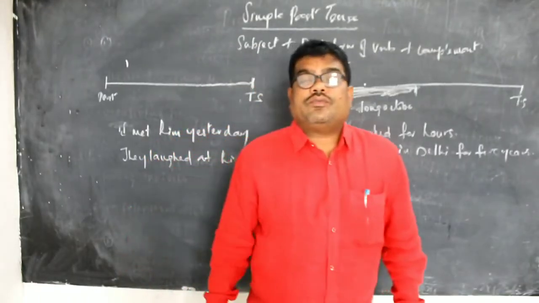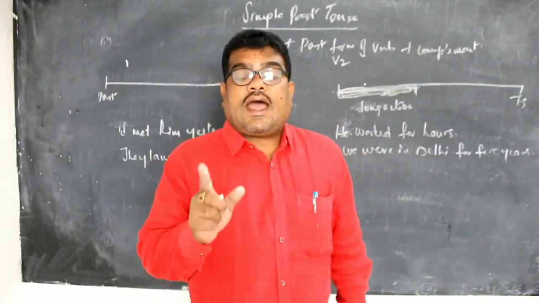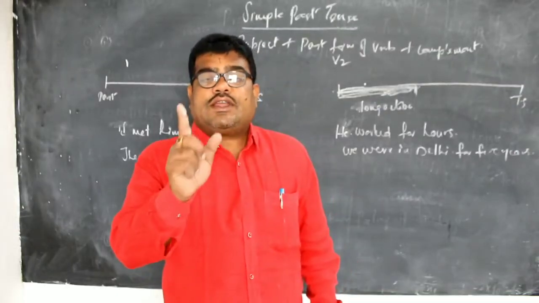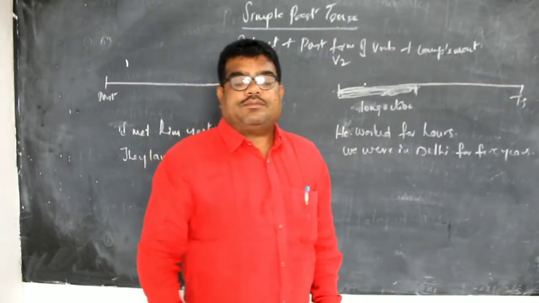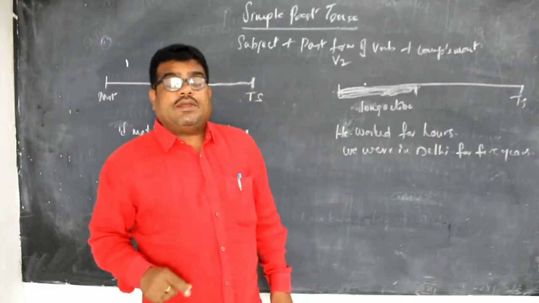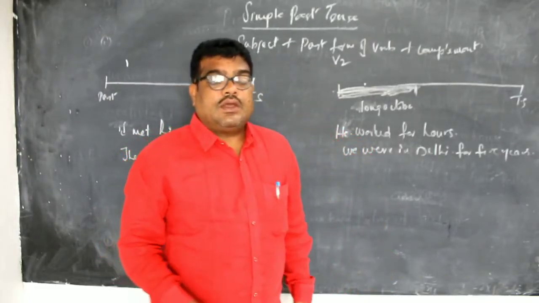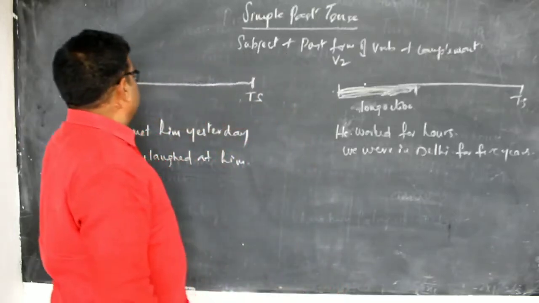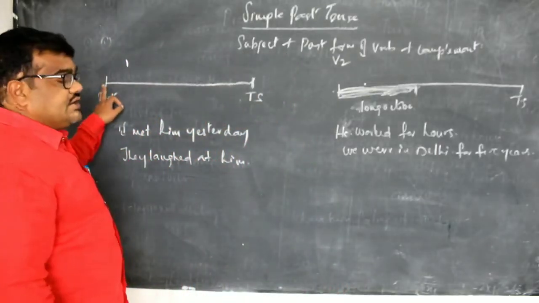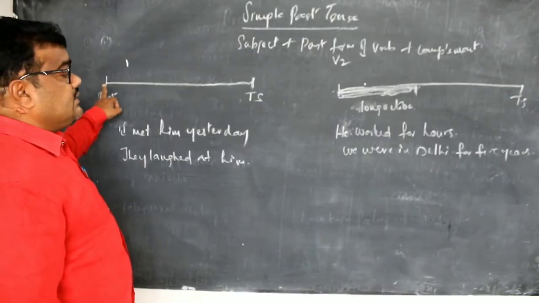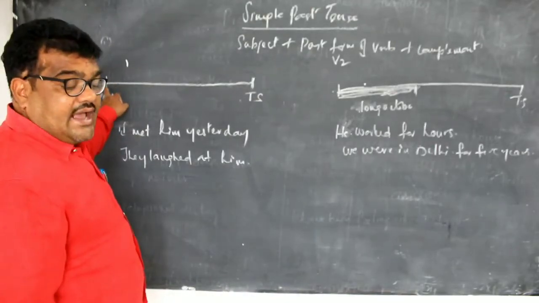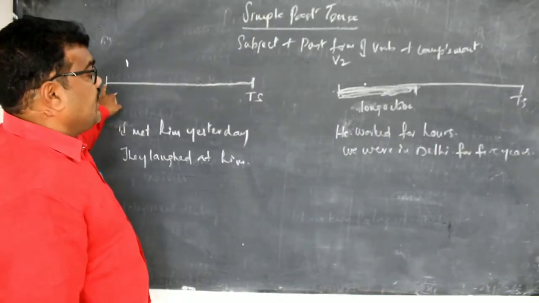I told you, when the action occurred in the past, we can use the simple past tense for that. The action may be a short one or it may be a long one. I will try to show through this line. Here the action has occurred and this line shows that the action has occurred for a short time.